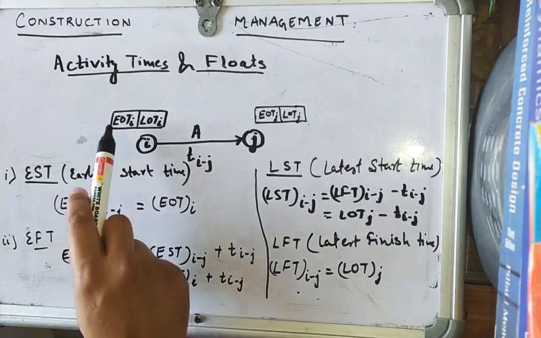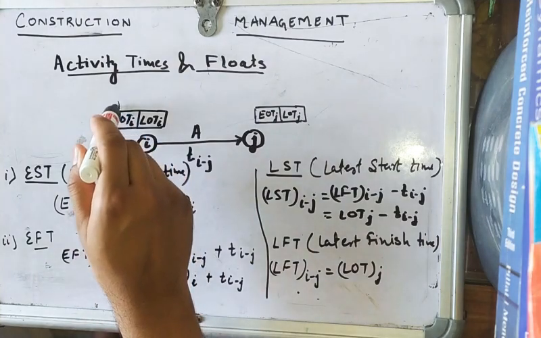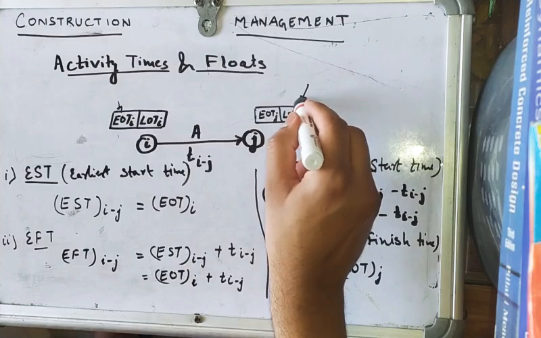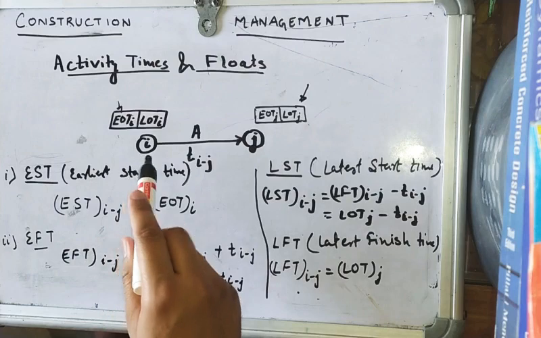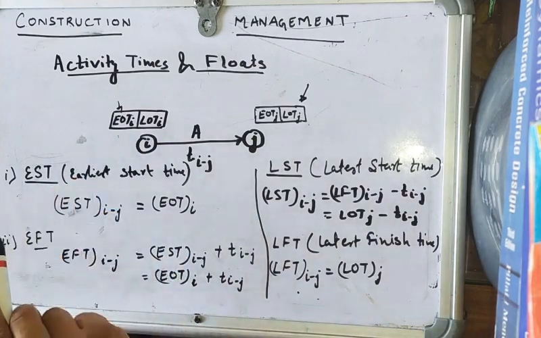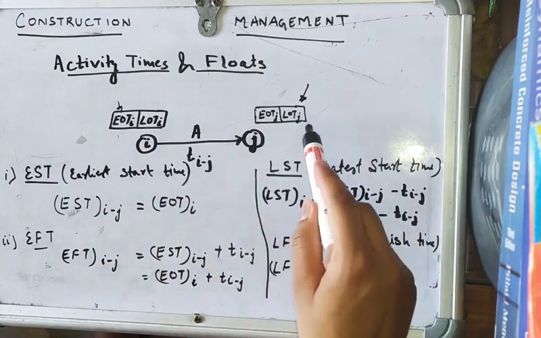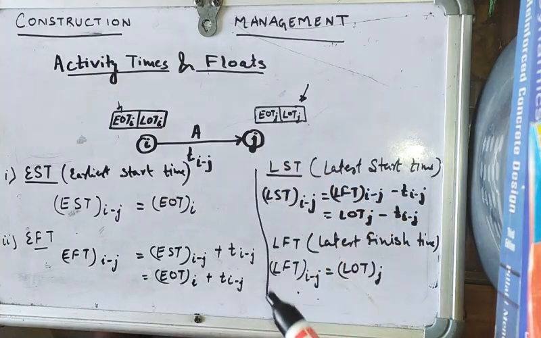So this is the earliest occurrence time of i, so this will be the earliest start time for this activity, and LOT j will be the latest finish time of this activity. For calculating earliest finish time, we will add the time taken by the activity to EOT i, and for calculating latest start time for this activity, we will subtract the time taken by this activity from this value of LOT j. Clear? Now let us see what are floats.